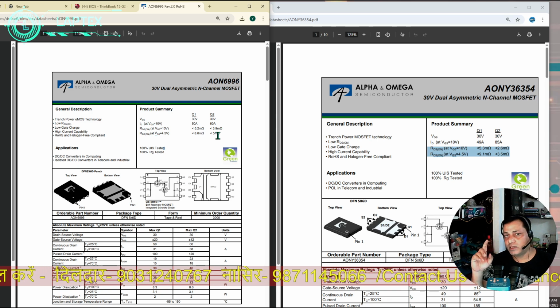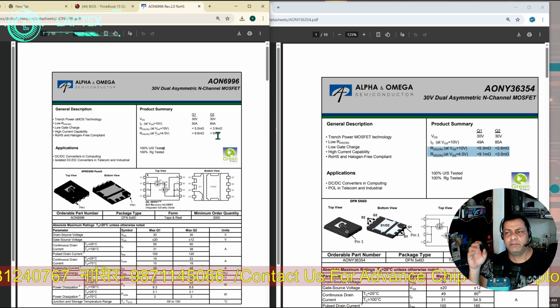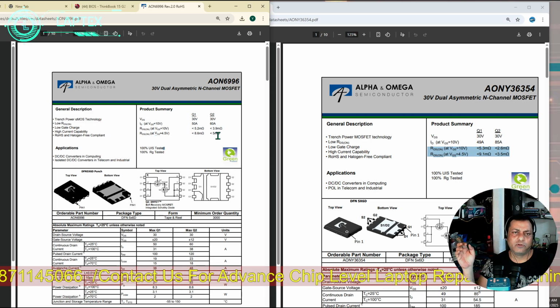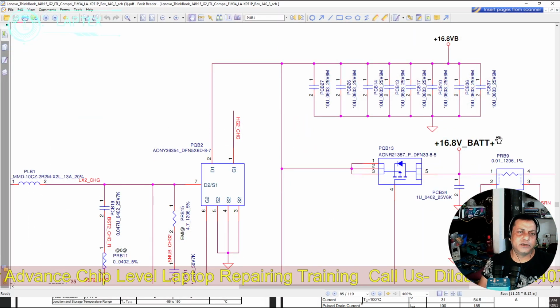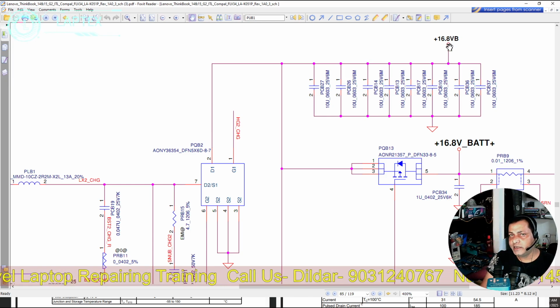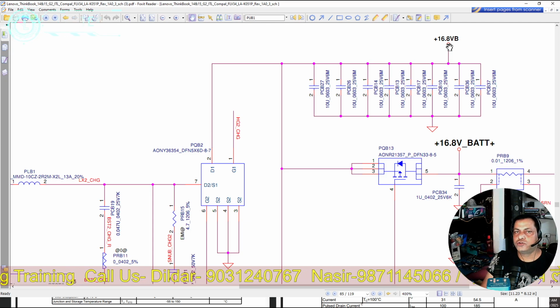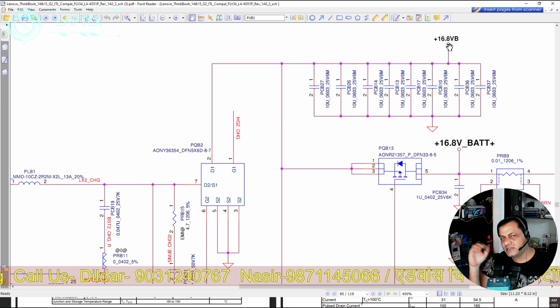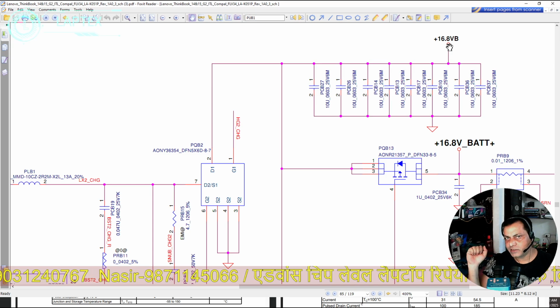But remember one thing, the charging problem could be a reason for this. Maybe instead of the higher voltage, like 16 volt as it is written on the diagram, let me show you, you may get here around 18 volt, or also around 13 volt. If this voltage is less than the battery voltage, it will not charge the battery.